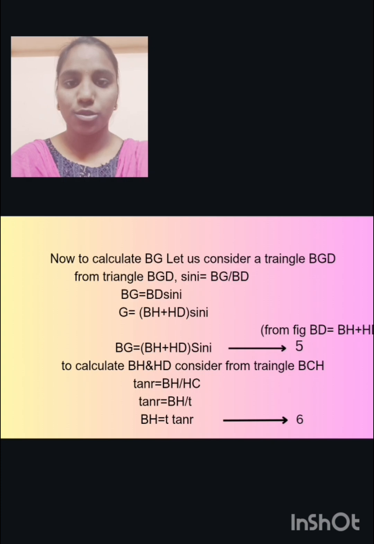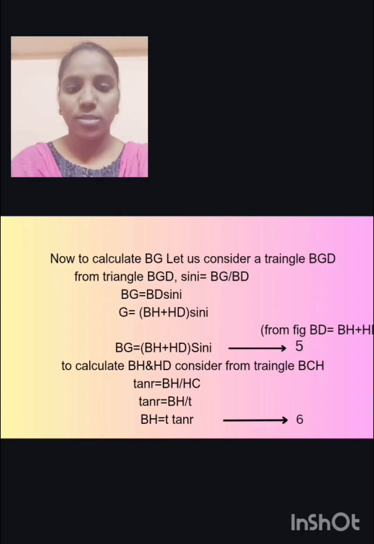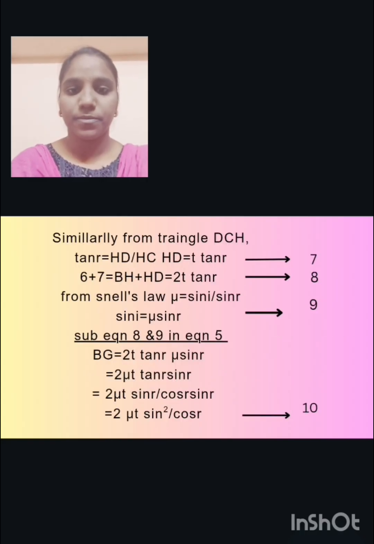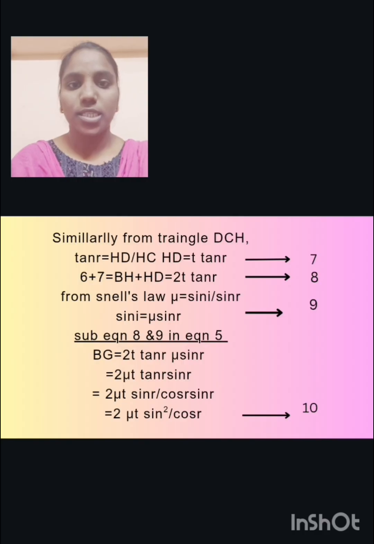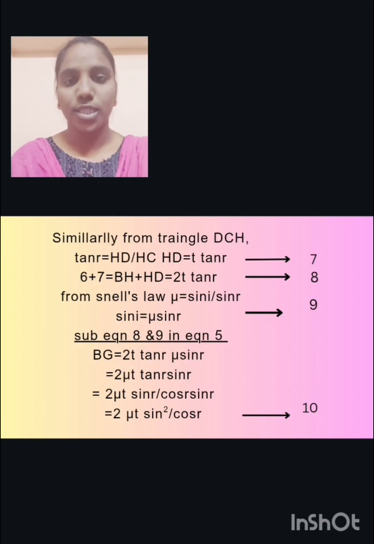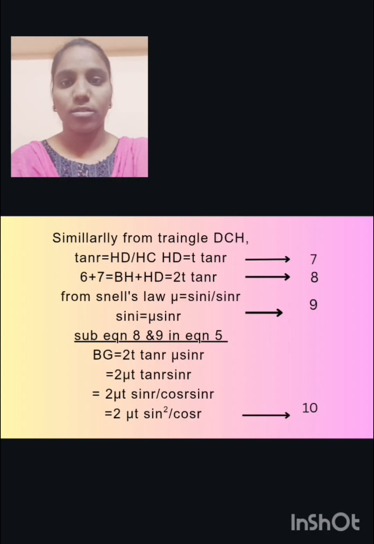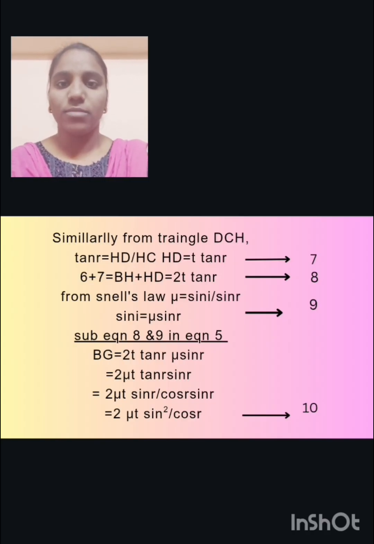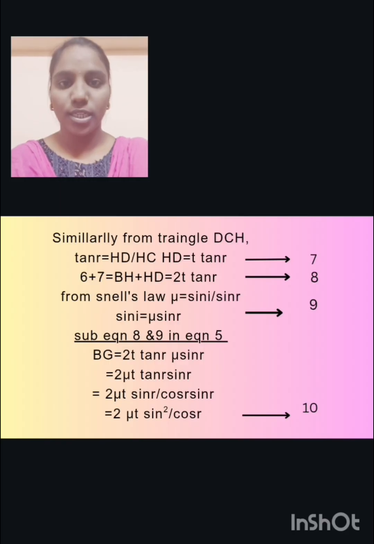We know that HC is equal to t, so BH is equal to t tan r. That is equation 6. Similarly, from triangle DCH, tan r is equal to HD by HC, that is HD is equal to t tan r. That is equation 7. Adding equations 6 and 7, we get BH plus HD, that is 2t tan r.